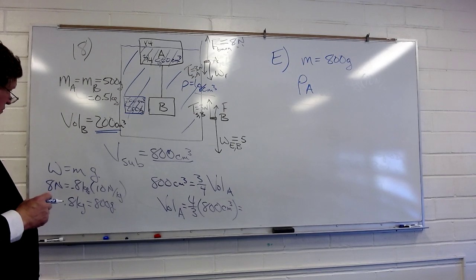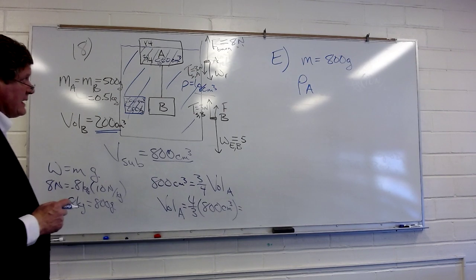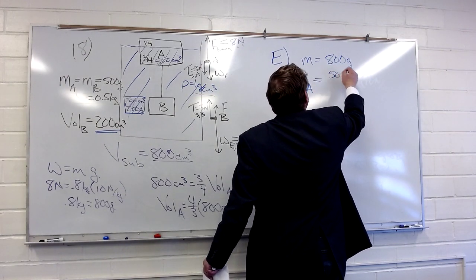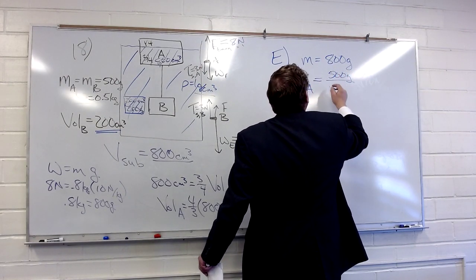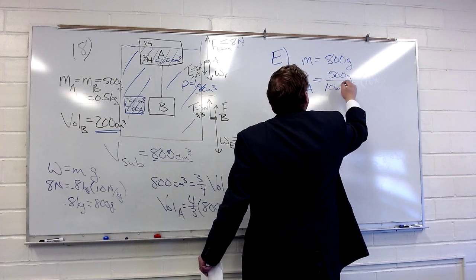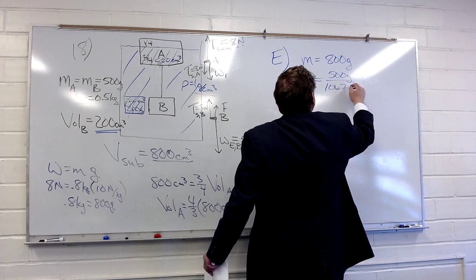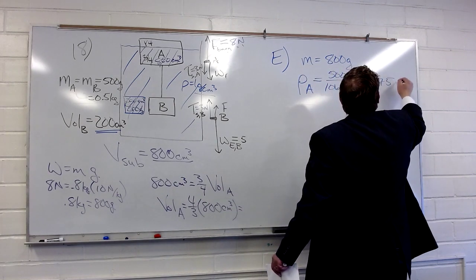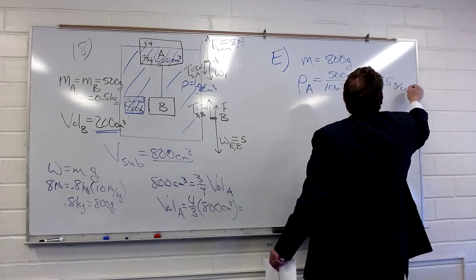There's 2 ways I can go about this. One is I can say the density of A is equal to the mass of A divided by its volume, which is 0.75 grams per cc.